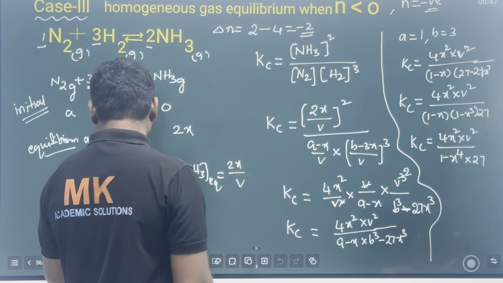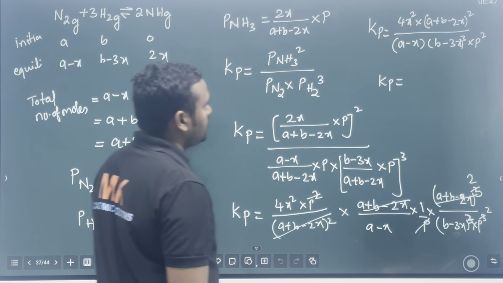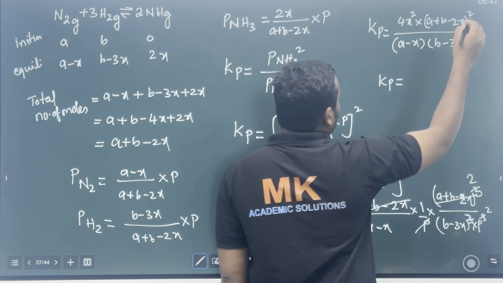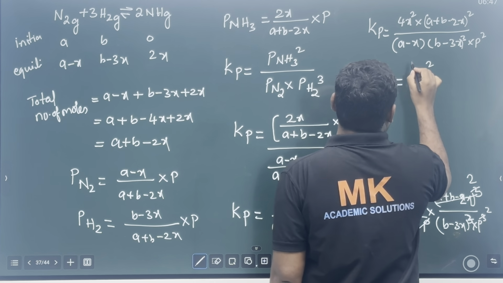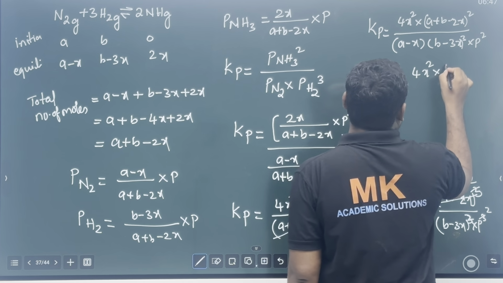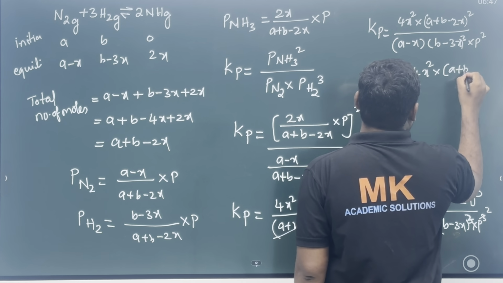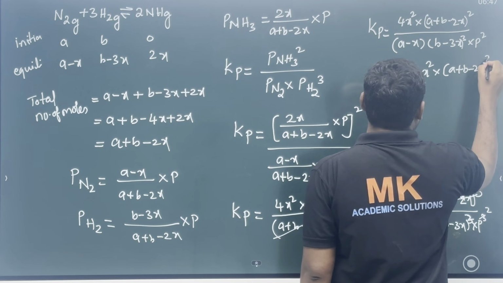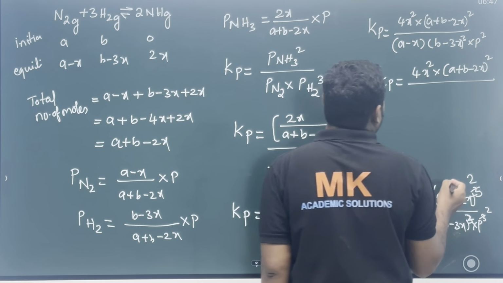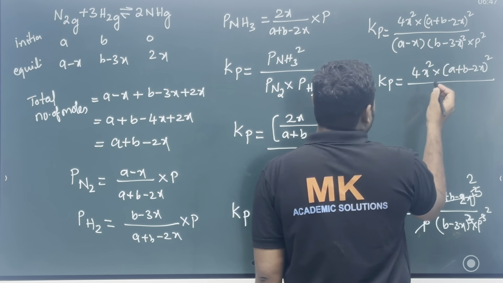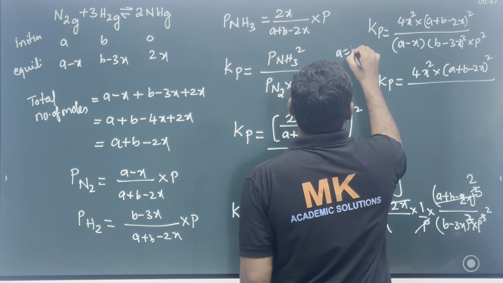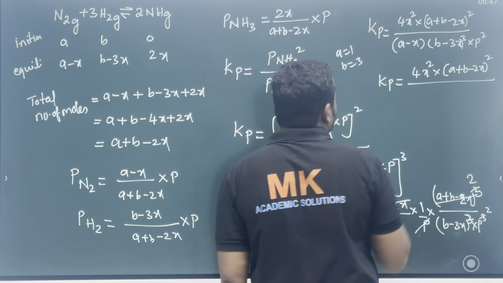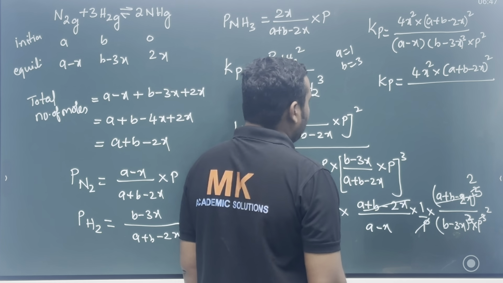Okay, right. Now let's see here, Kp is equal to 4x square into (a + b - 2x) whole square by... Now let us assume a is equal to 1, b is equal to 3, the same thing we assumed again.